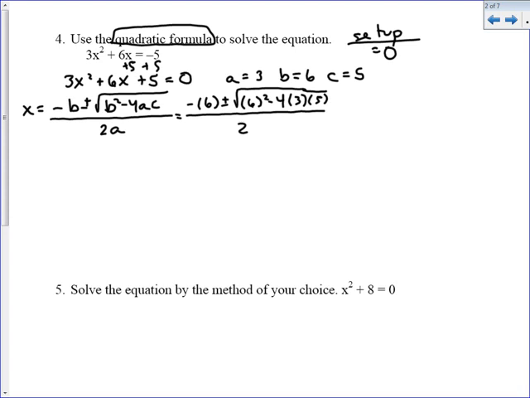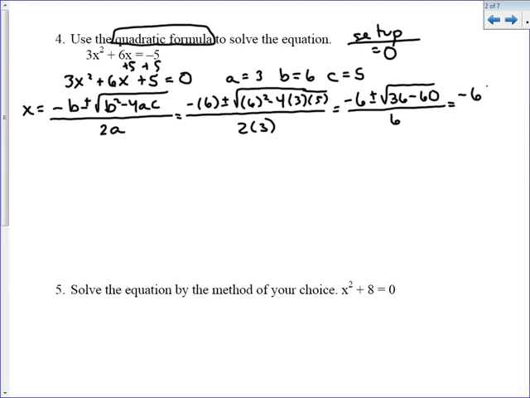So I'm just going to my formula, substituting in my a, b, and c, but you can't identify a, b, and c until it's equal to 0. And then it's just a matter of simplifying. So I have negative 6 plus or minus the square root of 36 minus 60, all over 6.